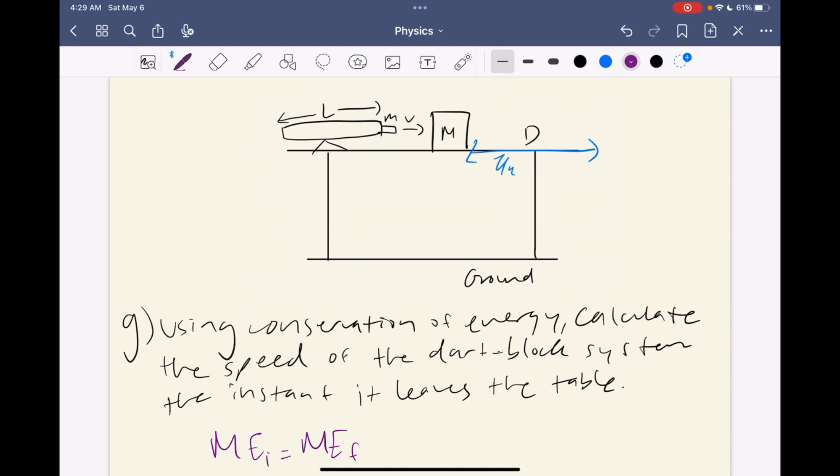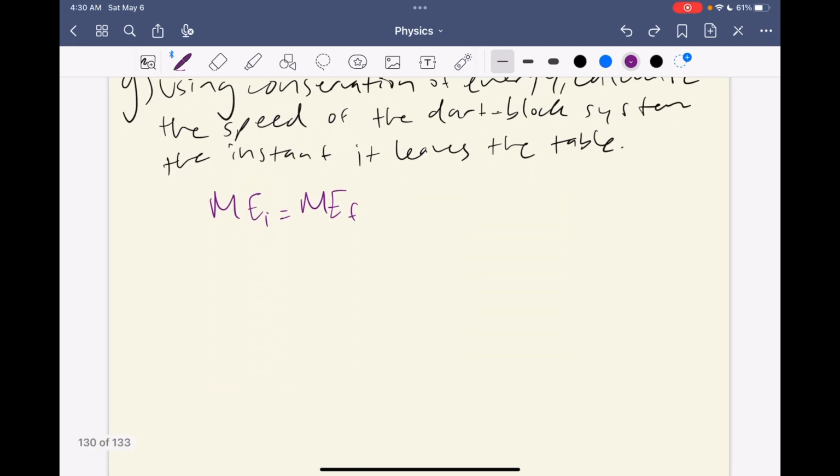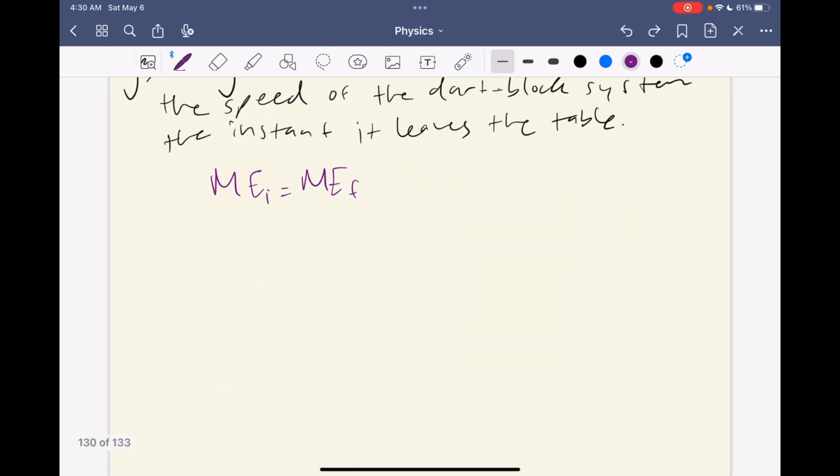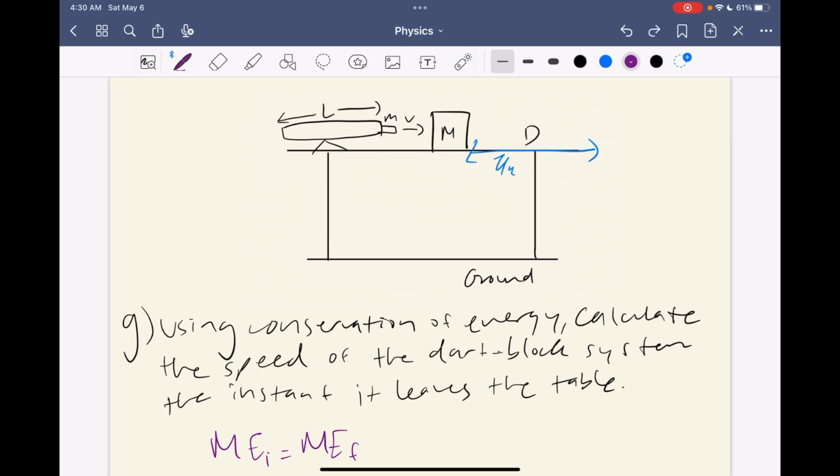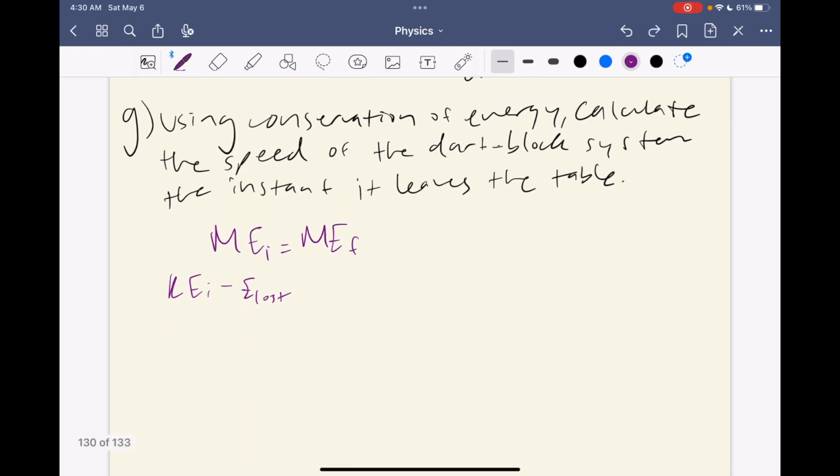The whole system is moving strictly in the horizontal direction, so there's no change in y. So that means there will only be kinetic energy. And then there's also energy loss because of the mu k, which contributes to the friction.